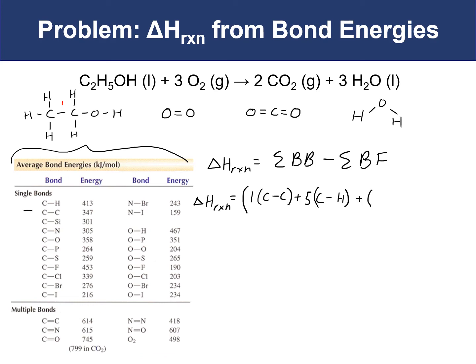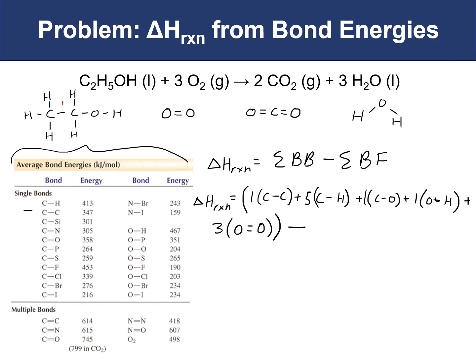In our ethanol, we have 1 carbon-oxygen bond, and we have 1 oxygen-hydrogen bond. Okay, we will add to this our oxygen-oxygen double bond. So we have 3 sets of O double bonded to O. Okay, that is all the bonds that are broken.